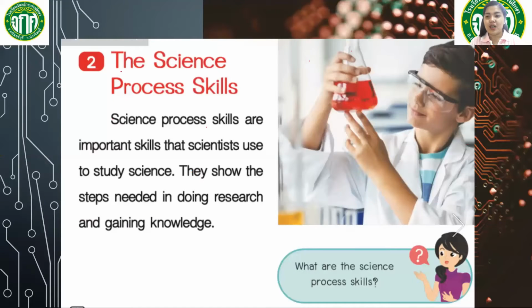The topic is the science process skills. What are the science process skills? Science process skills are important skills that scientists use to study science. They show the steps needed in doing research and gaining knowledge.